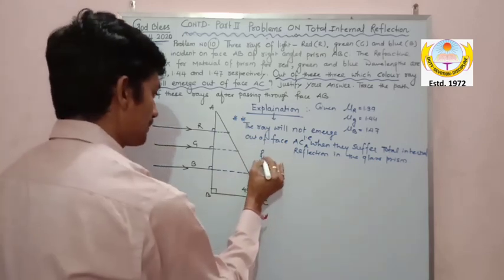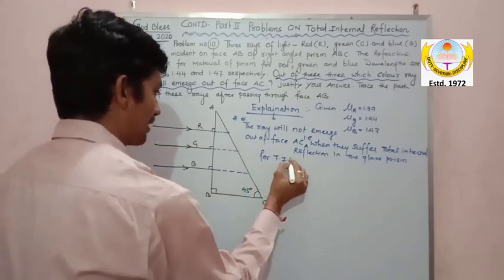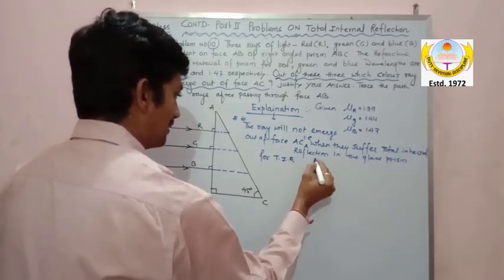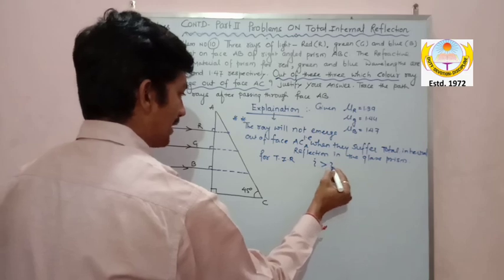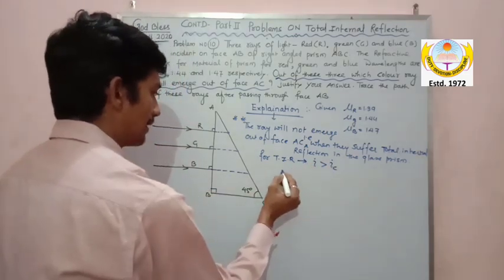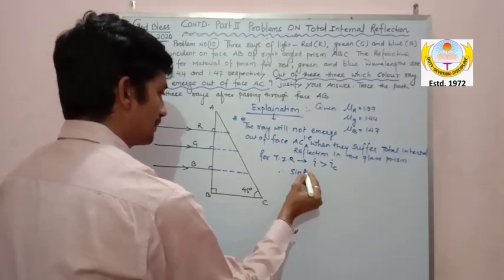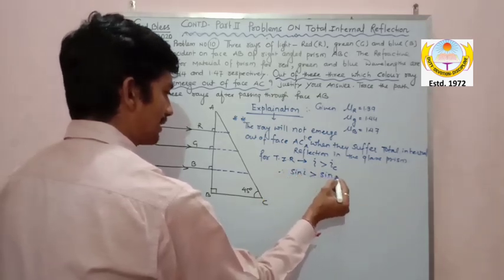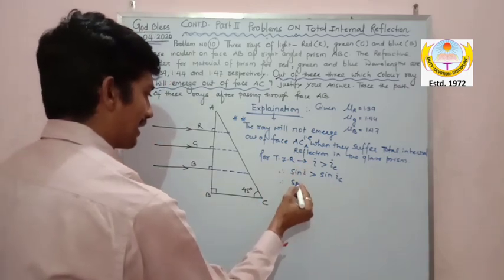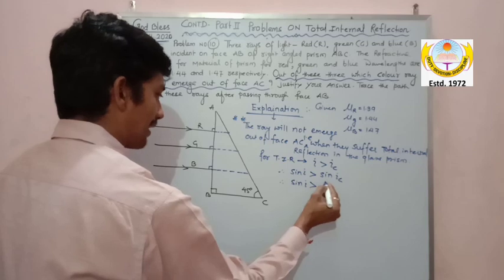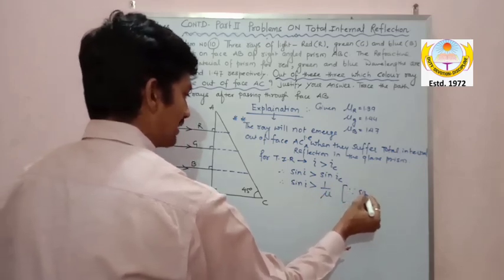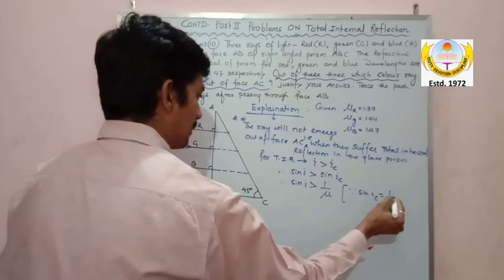So for TIR, that is total internal reflection, angle I must be greater than IC. This is the condition. Therefore, sine I will be greater than sine IC. Therefore, my dear, sine I is greater than 1 by mu, because sine IC is equal to 1 by mu.